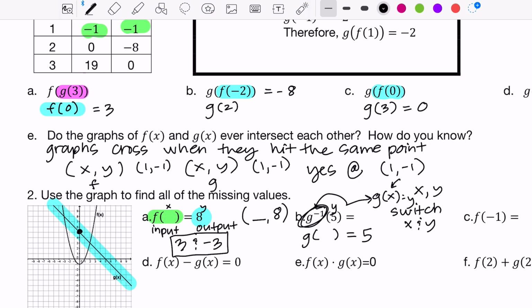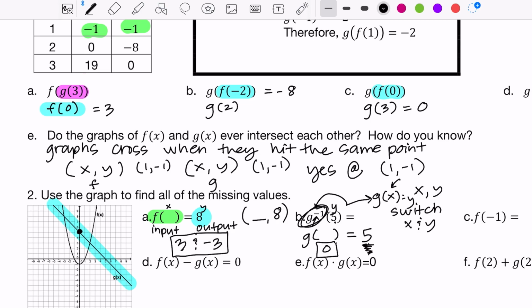So with inverse graphs, your outputs become inputs and your inputs become outputs. Your x's become y's and your y's become x's. So if they tell you that you're starting with the inverse and they put a 5 next to it, you know that on the original graph, that's actually a y value, okay? So what number does that happen at? The answer is 0.